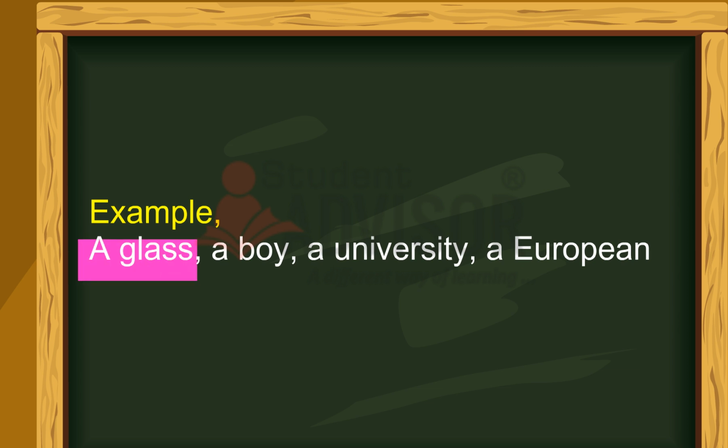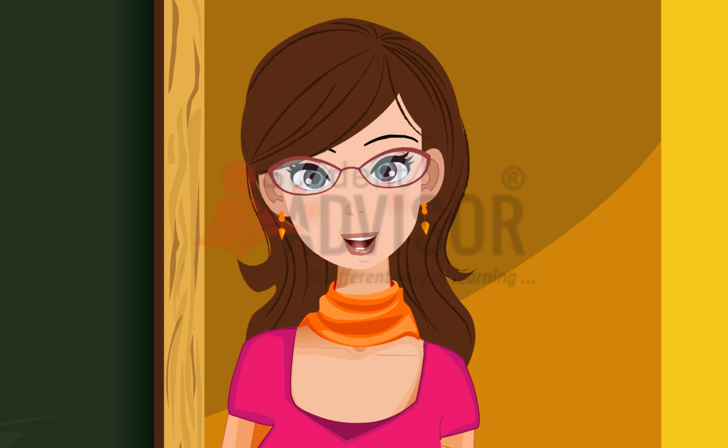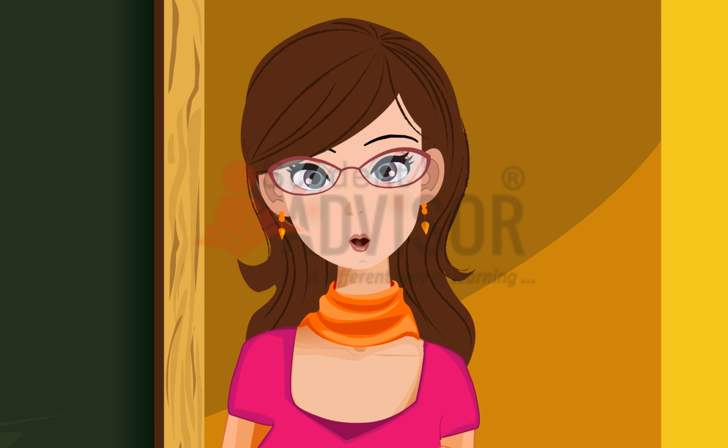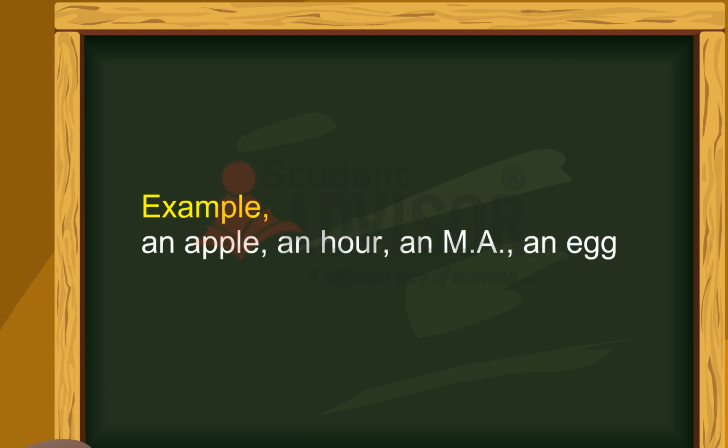Example: a glass, a boy, a university, a European. An is used before such words which begin with vowel sound, no matter whether their beginning letter is a vowel or a consonant. Example: an apple, an hour, an Emmy, an egg.